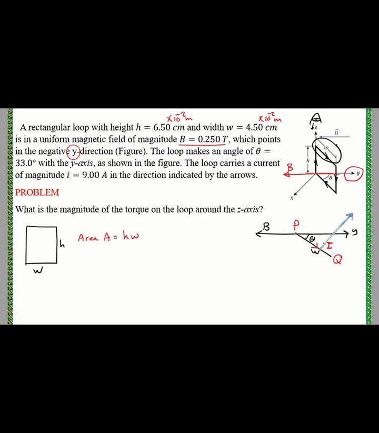Here is the thumb. Here is the normal to the loop. And here is the angle indicated in the equation. I will name it alpha. What is alpha? Let this angle be gamma.